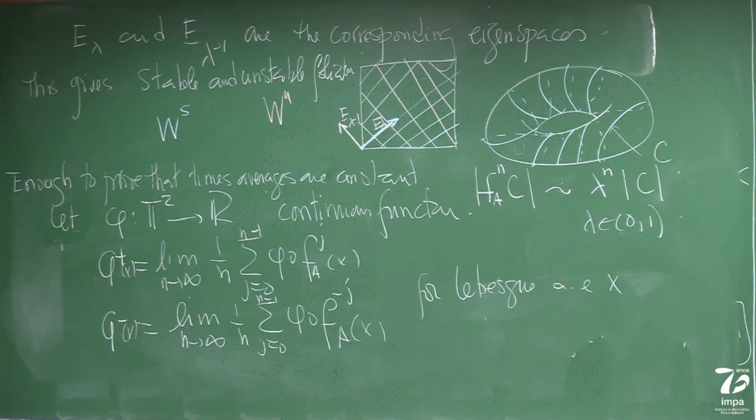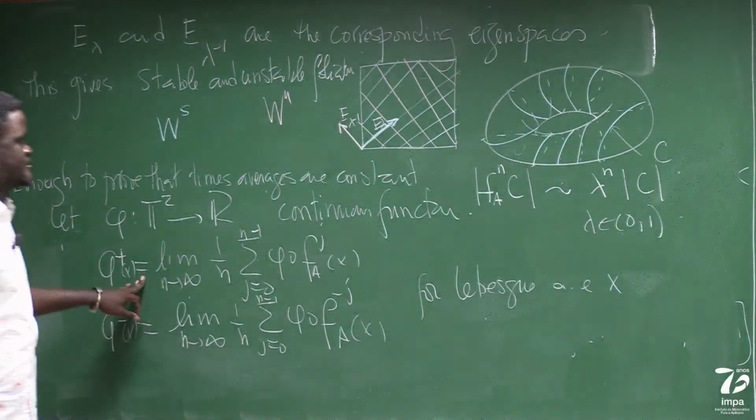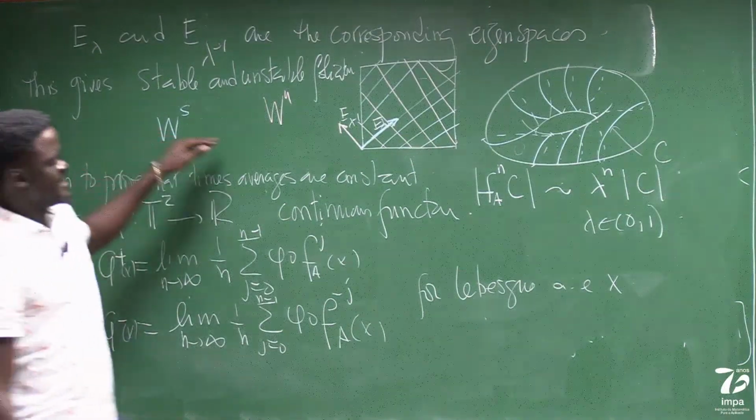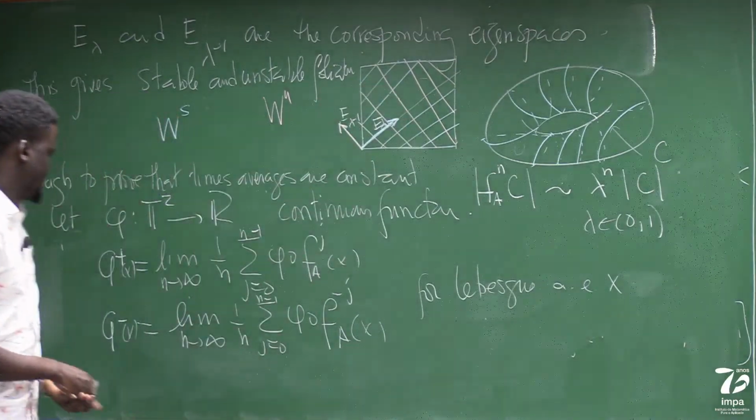Hopf tells you that this function is constant on stable manifolds. The stable manifolds are the blue curves here, and the unstable are the red curves here.